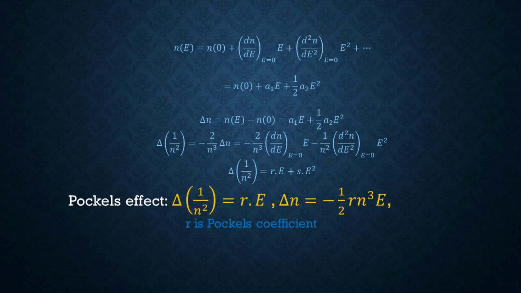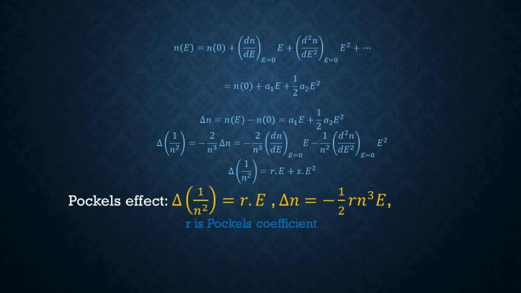So for those materials where the s term is negligible, we have delta 1 by n square equal to r E, and delta n is equal to minus half r n cube E. Here r is the Pockels coefficient. The typical values of r are 10 to the power minus 12 to 10 to the power minus 10 m/V, or 1 to 100 pm/V.